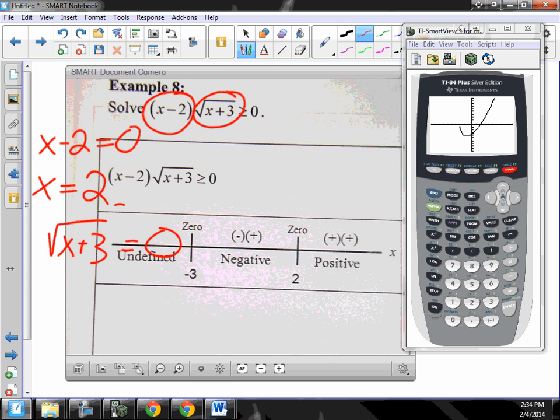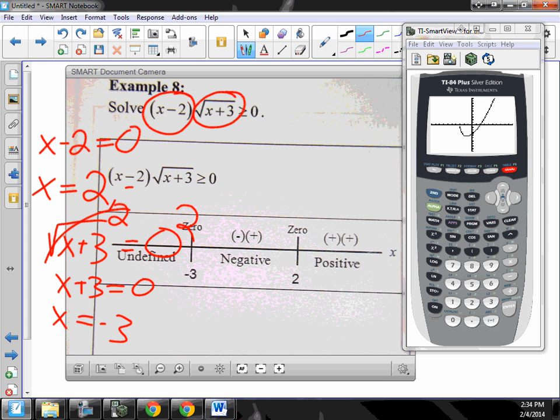So I square this and I square this. That cancels. What's the square of 0? 0. So x plus 3 equals 0. So x equals negative 3. Everybody okay so far? So x equals 2 and negative 3.